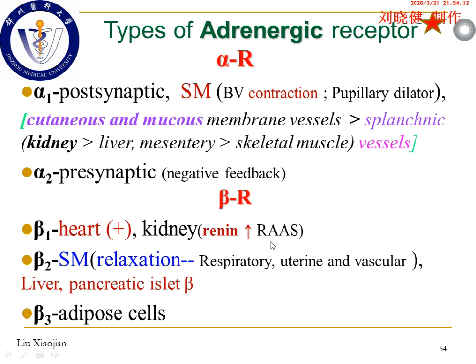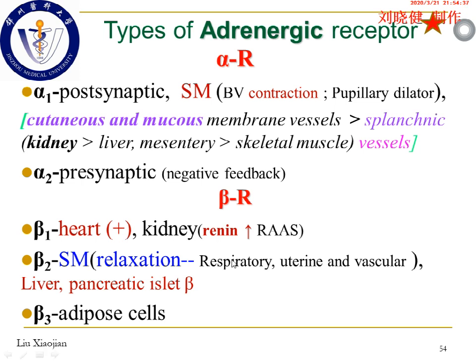This system is very important in the regulation of blood pressure. This is beta 1. So here, I hope you can remember this one-to-one relationship, beta 1 and heart. Once heart is mentioned, you should think of beta 1. Once beta 1 is mentioned, you should think of heart.